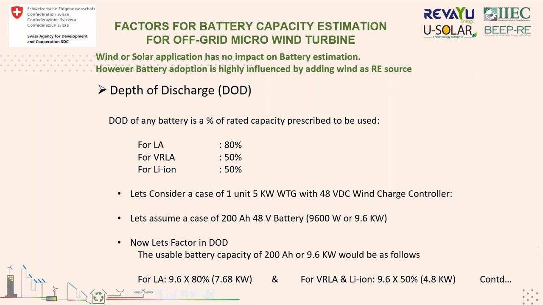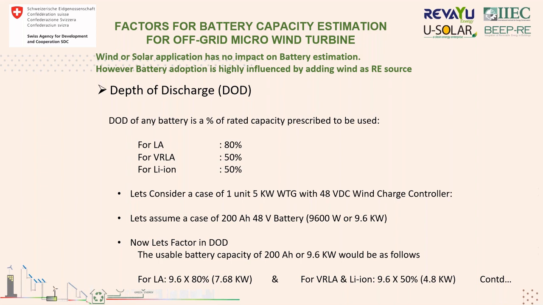What is DOD? DOD of any battery is a percentage of rated capacity prescribed to be used. That means for its normal long life, which is prescribed by them, and to complete just the number of cycles for which that battery is made, you should not allow the discharge beyond 80%.